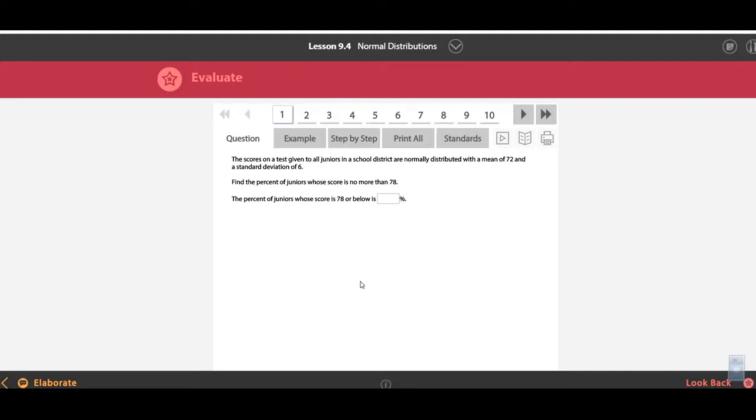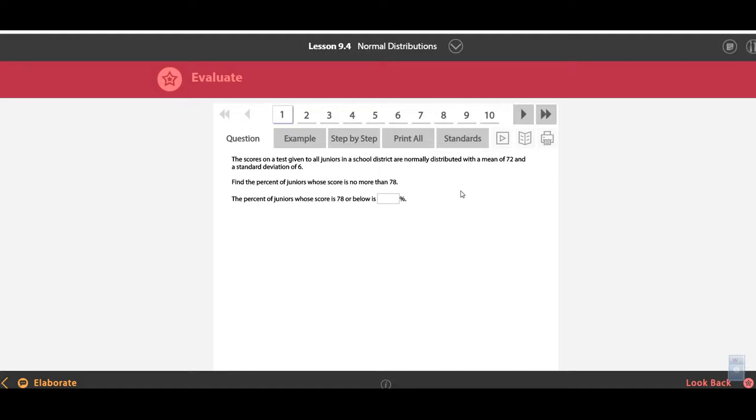It says the scores on a test given to all juniors in a school district are normally distributed with a mean of 72 and a standard deviation of 6. Find the percent of juniors whose score is no more than 78.